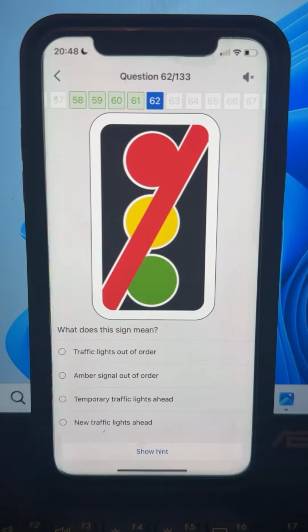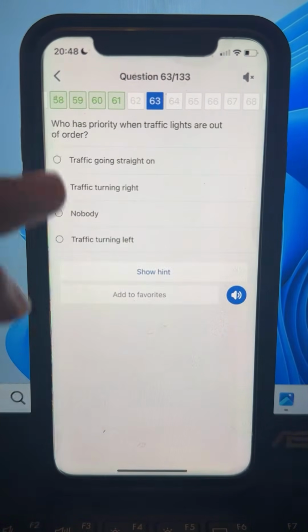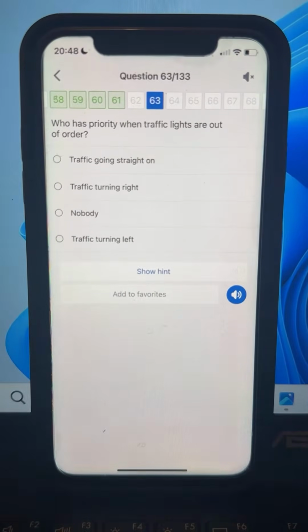Good. Now, what does this sign mean? We covered it already. Who has priority at a traffic light out of order? Nobody.